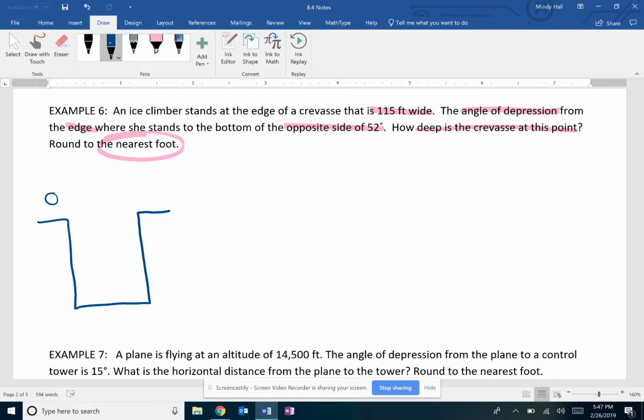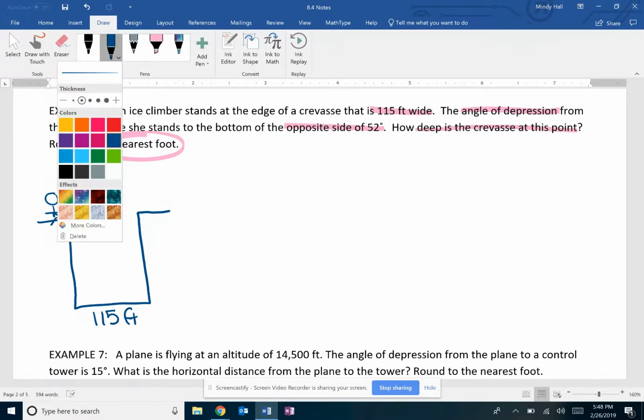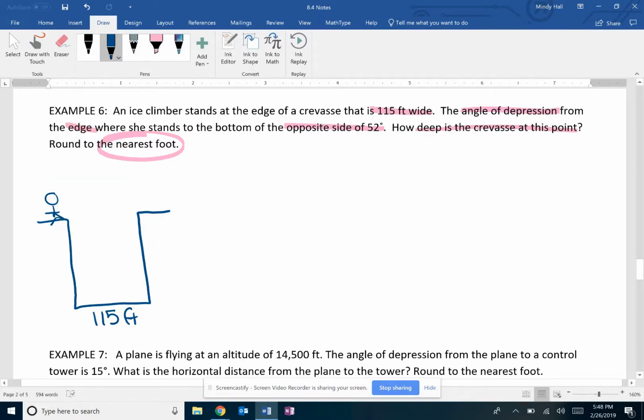But remember, we're just looking at straight down and straight over. So for this crevasse, because we know it's 115 feet wide, we have it on the side. And then you're going to have to draw straight from that edge down to the other corner.